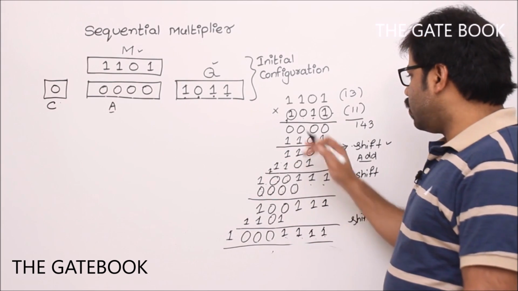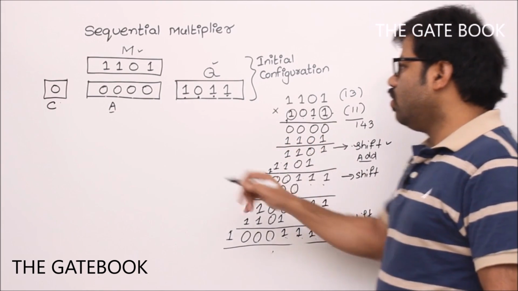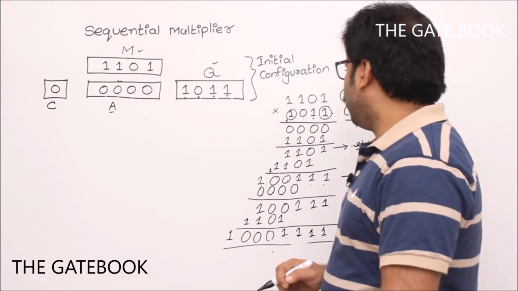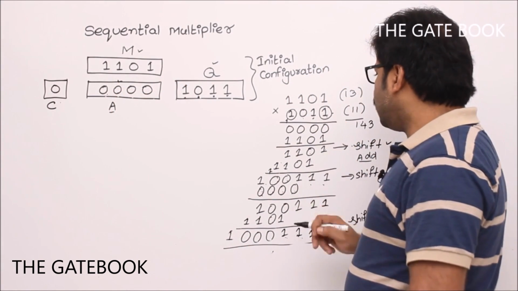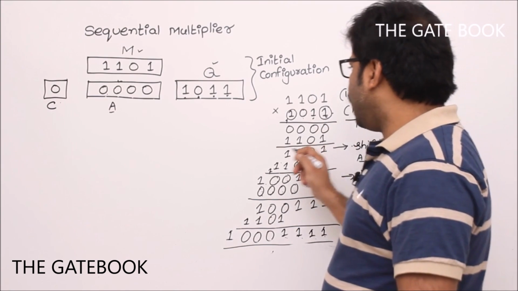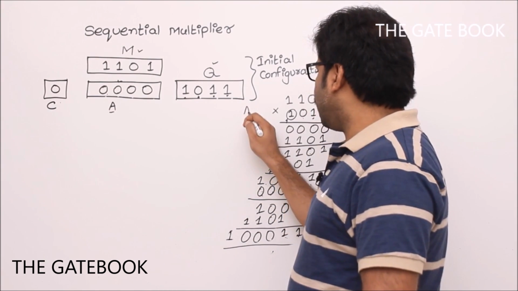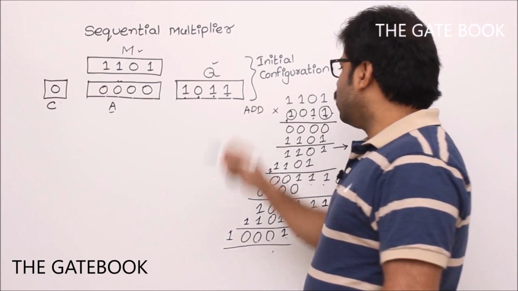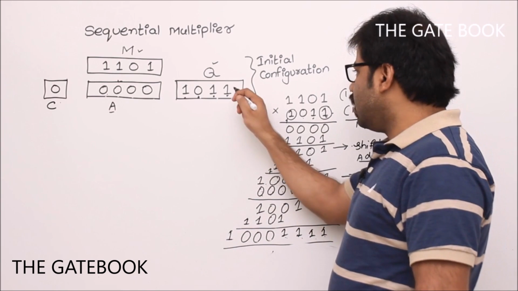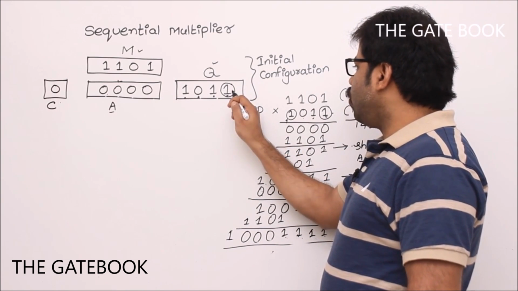The first step, if you see, we have 0 0 0 0. Yes, even we have here 0 0 0 0, right? Then immediately what we did is, because the value is 1, we have directly added. The first step we did is add, correct? So here also, to imitate this multiplication procedure, we have to connect one circuit to this bit always.